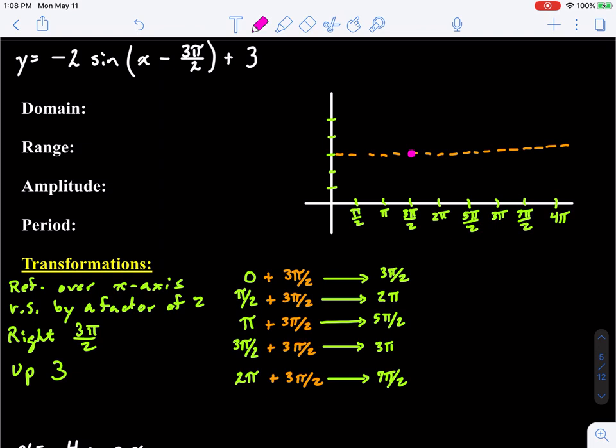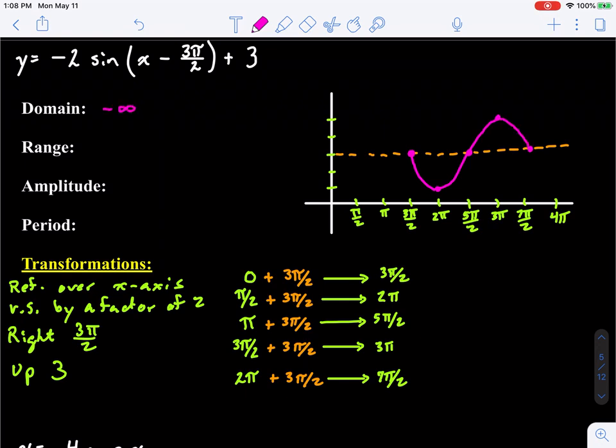So that means your lowest point is going to be 2 units below the central axis. And then we come back to the central axis, up to the highest point, and then back to the central axis again. And that's going to be the graph of one cycle.